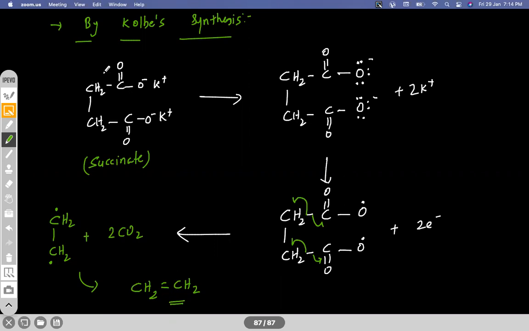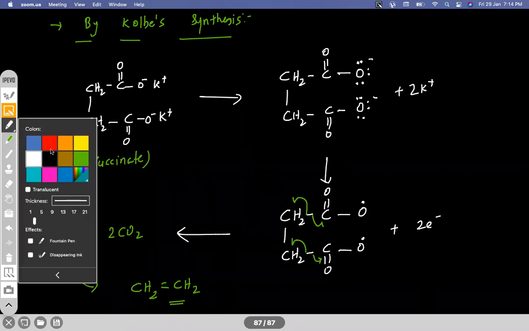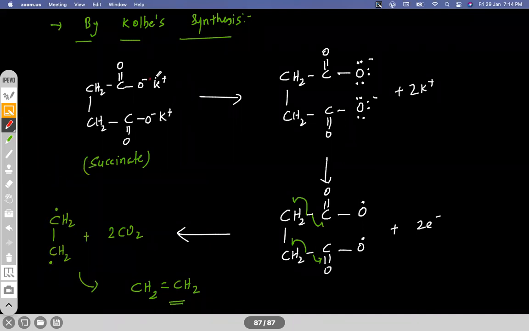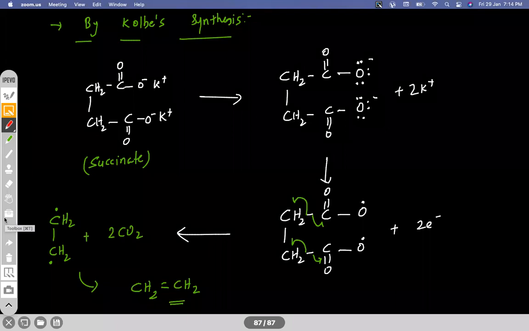It is a salt of succinic acid basically. If you just place hydrogen over here and hydrogen over here, no charge, it is succinic acid. This one is the potassium salt of succinic acid. Clear? So it is succinate ion, potassium salt of succinic acid.